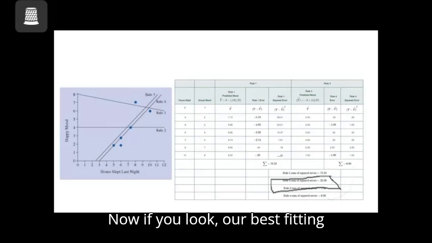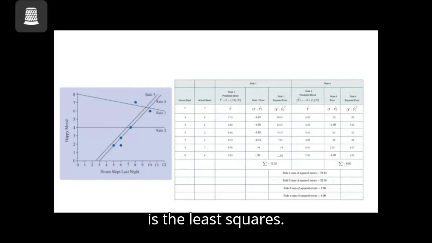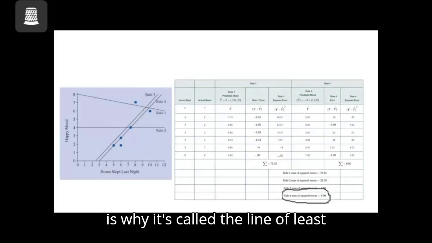Now, if you look, our best fitting line is Rule 4 because it has the least error. It is the least squares. It has the smallest amount of deviation. And that is why it's called the line of least squares.